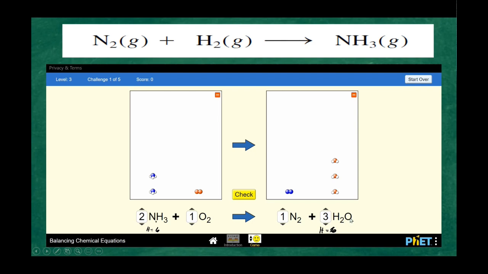And now let's look here. We have 3 atoms of oxygen. And here we have 2. So what will we do next? So we cannot add another molecule because this will make it what?